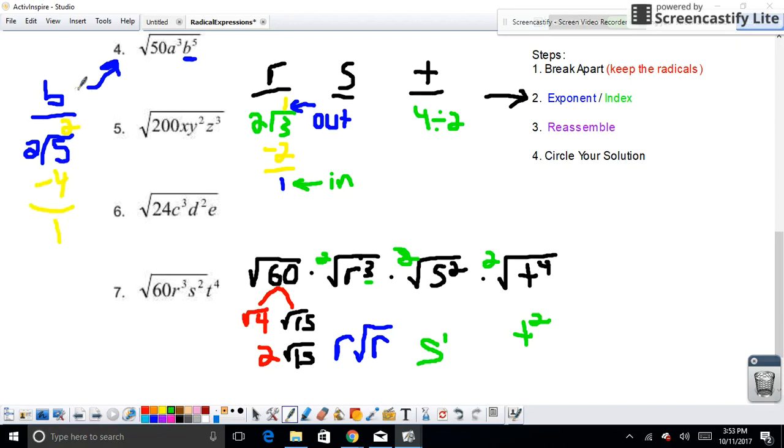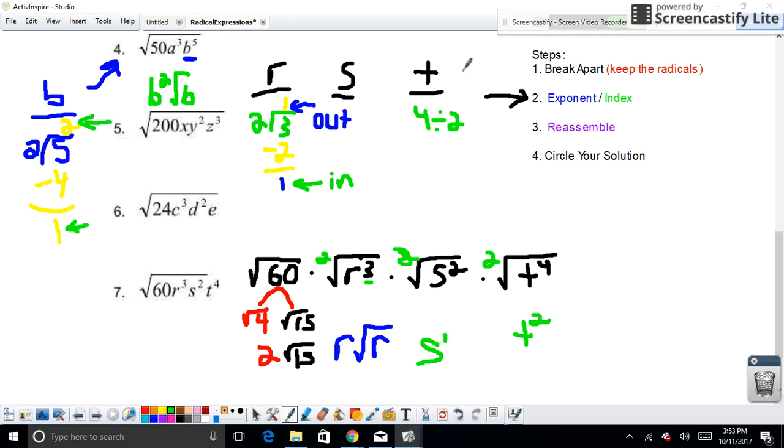Now, on this one, you would put 2 B's outside the radical and 1 B inside. So that would be written as B to the second power radical B. That's how you would do that. But this one is more simple. You only got 1 outside and 1 inside, because your quotient is 1, your remainder is 1, 1 outside, 1 inside. Good. So we've taken care of the R.